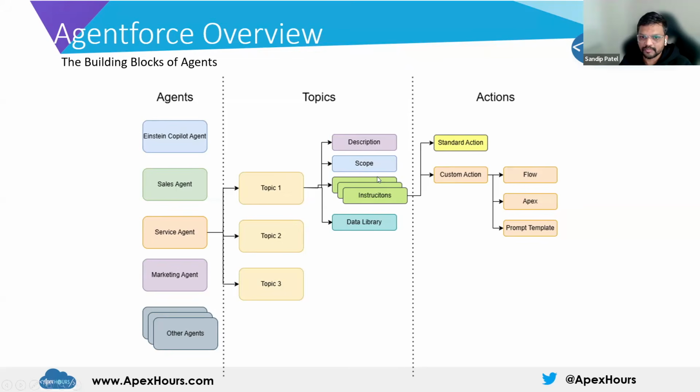That is mapped over there. We'll show the details as well. Actions have two types: standard actions, which Salesforce provides by default, and custom actions, which we can build using Flow, Apex, and Prompt template. We'll focus on Apex today. Building custom actions with Apex is our main focus in today's session.